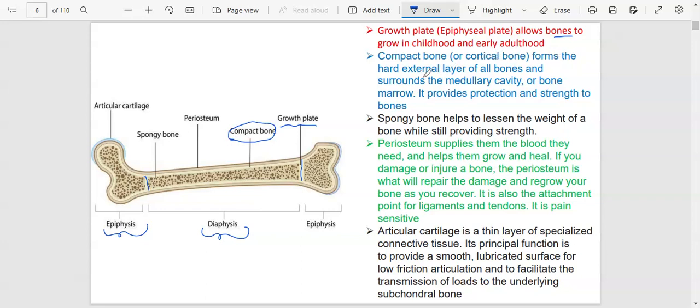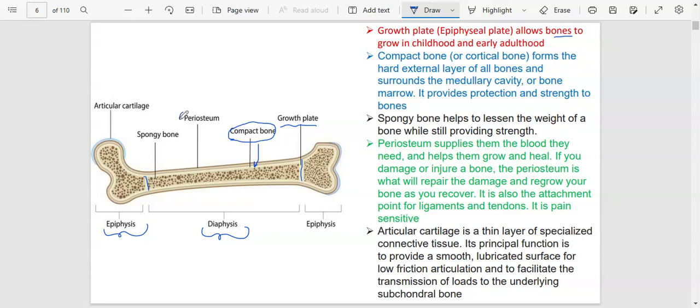It forms the hard external layer of all bones and surrounds the medullary cavity. You can see the medullary cavity is the inside of the bone, the hollow part of the bone. So that is what it surrounds, right? So it provides protection and also strength to the bone.